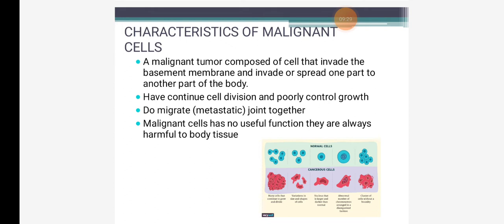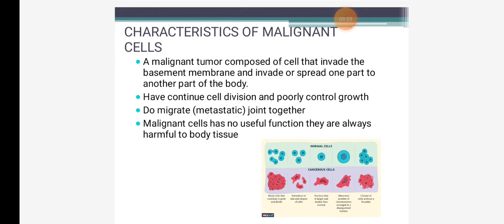Certain methods are there: by continuously growing, involving or attaching into the blood vessels. They can enter into blood vessels, and by the blood vessels and the lymphatic system, they can easily migrate from one organ to another organ. That process of migrating from one organ to another, one part of the body to another part, is called metastasis.